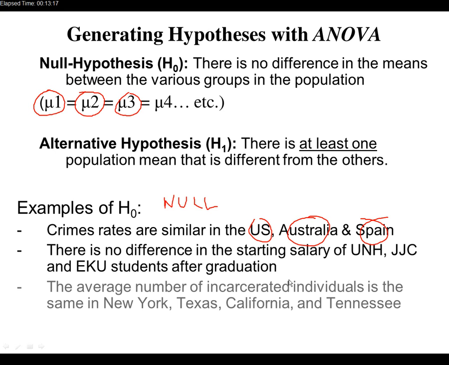And another example of a null hypothesis is that the average number of incarcerated individuals is the same in New York State, Texas, California, and Tennessee, whereas we know that they're actually higher in Texas. So that would be the null, but that would be the alternative. The null would mean that they'd all be the same. Okay.